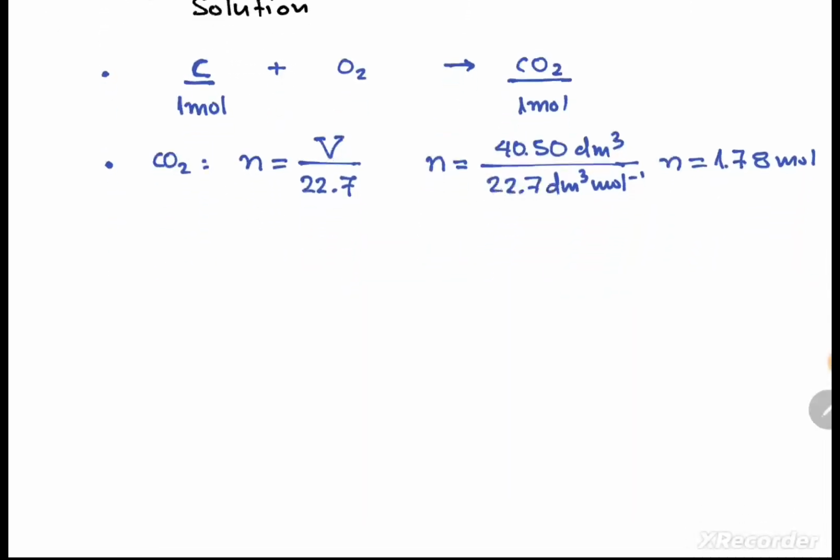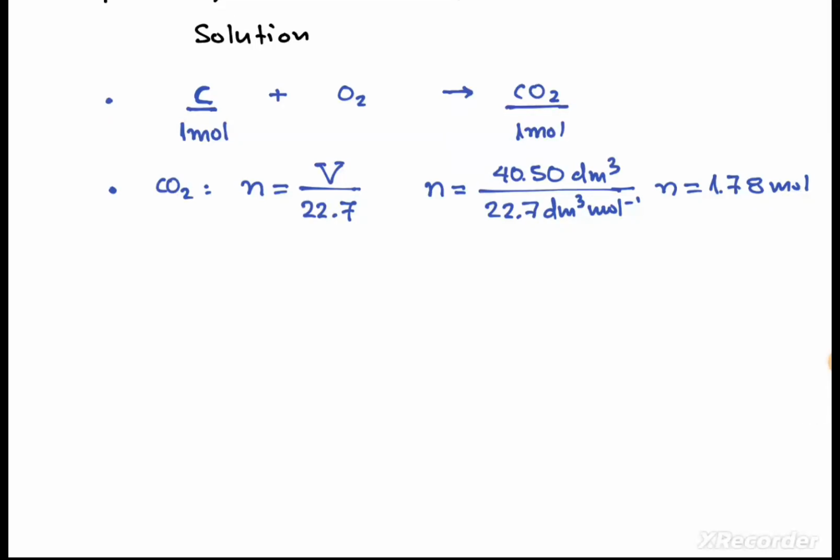So we can calculate the pure carbon from the stoichiometric calculation. The relationship from the balanced equation is 1 mole of carbon gives 1 mole of carbon dioxide, and the experimental data is produced 1.78 mole carbon dioxide and b mole of carbon.